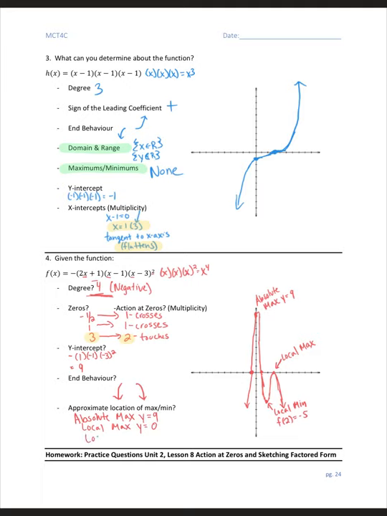And then finally, we have a local minimum. And we're kind of guesstimating where that happens, somewhere between our zeros of 1 and 3. So if we substitute in a 2 into our function, because it looks like it's between those two zeros, we should get a -5 at that point. So that's your local min. That's it for your notes for today.